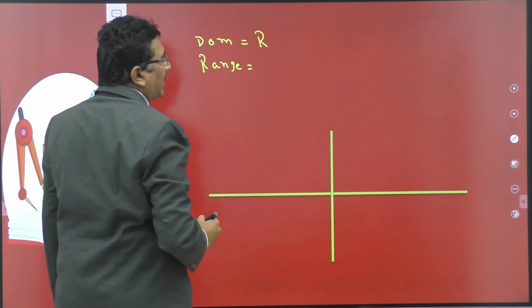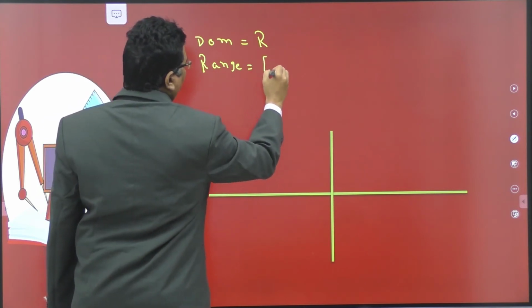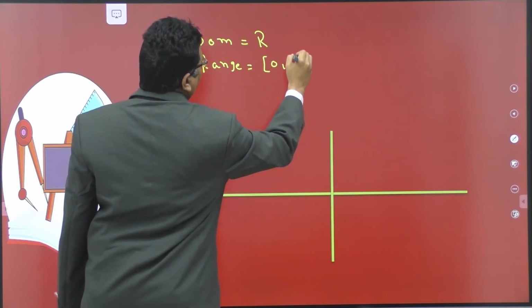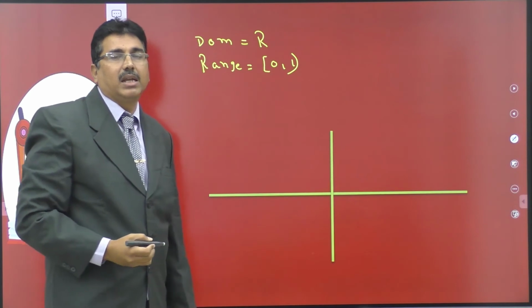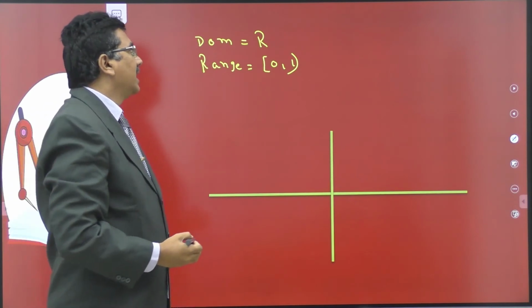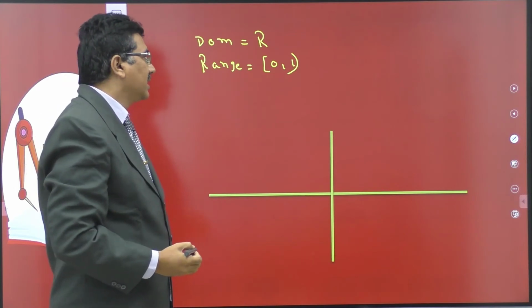Fractional part is always non-negative and less than 1. This is the domain and range.